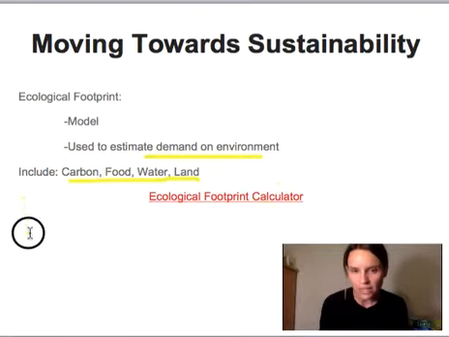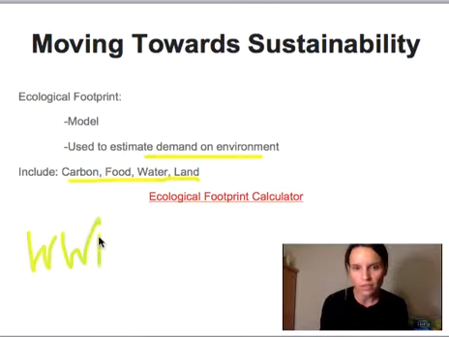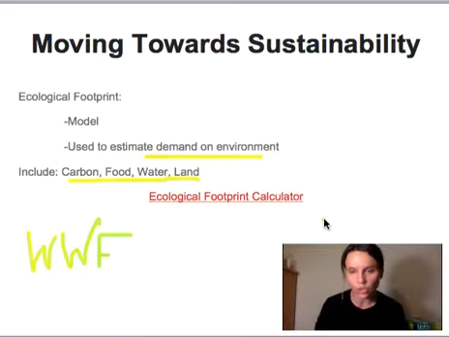If this hyperlink doesn't work, it's the WWF Ecological Footprint Calculator, the World Wildlife Fund Ecological Footprint Calculator. You can Google it, and it gives you a really good idea of how many resources you're using versus how many resources we have available. And at the end, it will even give you an estimate of how many planets you use based on the resource consumption that you have.